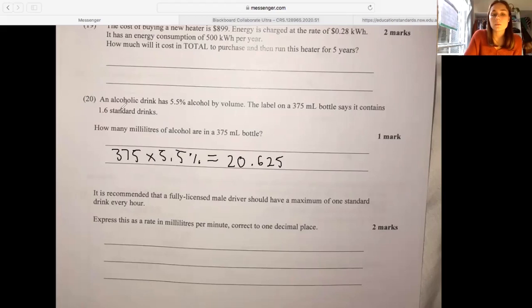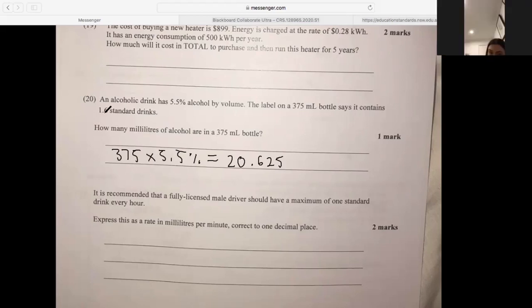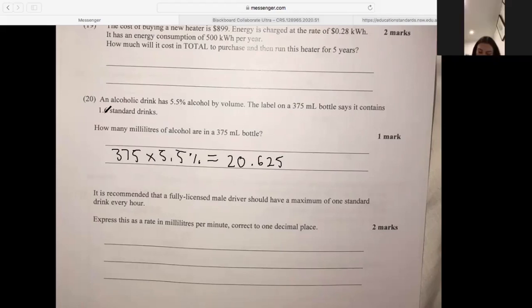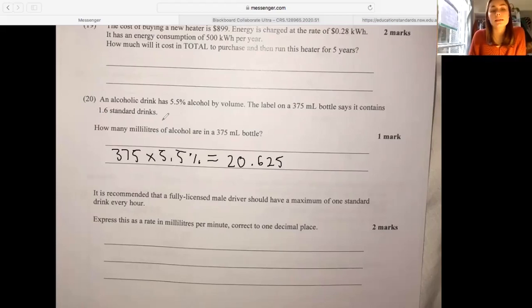So if you drank this, you would probably not drink anything else for 2 hours. I don't know how to describe it. Is 1.6 standard drinks how much alcohol it has in it, or an actual glass of a drink? I think it's how much alcohol is in it.